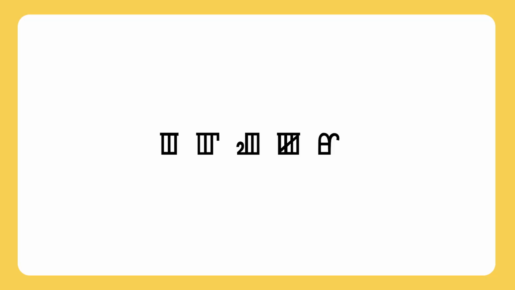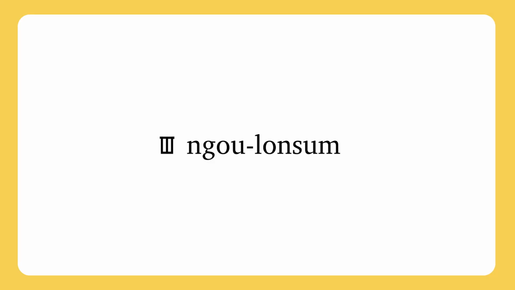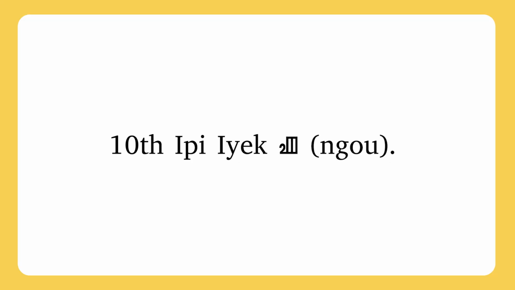Let's now begin with group 1, which includes the letters Ngau Lonsum, Kok Lonsum, Ngau, Kok, and Rai. We will learn how to write each letter step by step. The first letter in this group is Ngau Lonsum, the syllable final form of the 10th Eepee, Ngau.